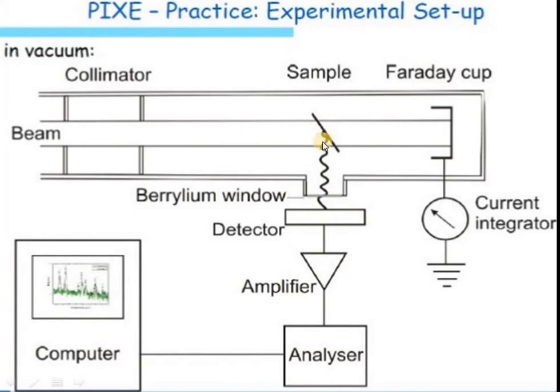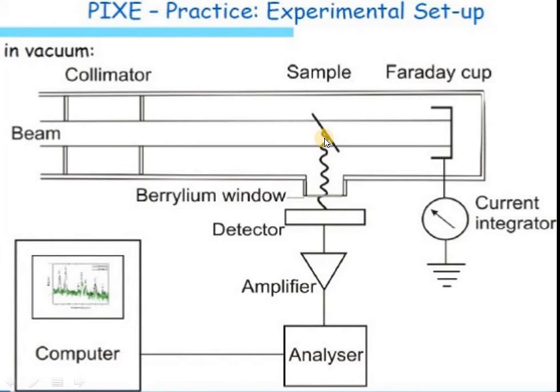And the emerging X-ray from the sample you can collect using a silicon lithium detector, or semiconductor detector. And using the detector, the energy of the particular X-ray can be measured. You can measure energy as well as the intensity of the X-ray. Both are valuable. Energy will tell you about the type of element present in the sample, and the intensity will tell you the amount of that particular element.